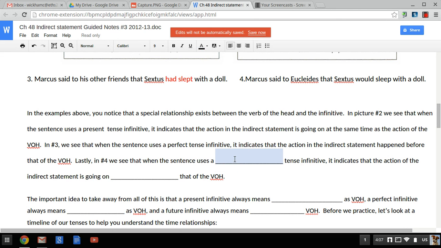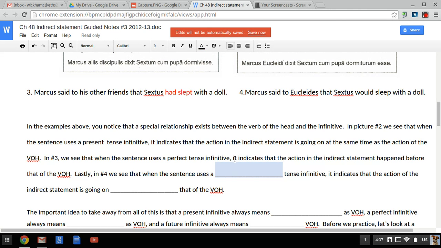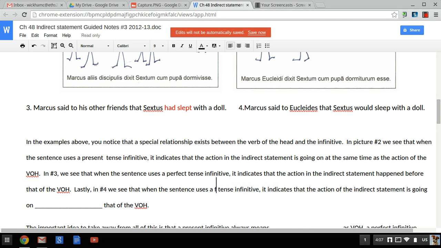And lastly, number 4, when a sentence uses a future tense infinitive, it indicates that the action of the indirect statement is going on after that of the main verb. This is confusing a little bit. But if you think about it, if Marcus said to Euclides that Sextus will sleep with a doll, it kind of makes sense, but we're making it past tense in the indirect statement.